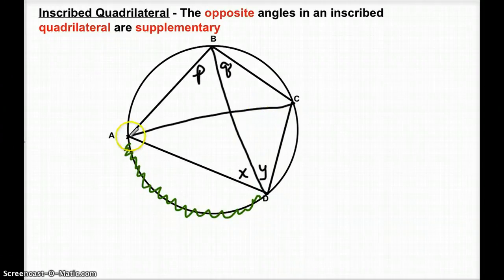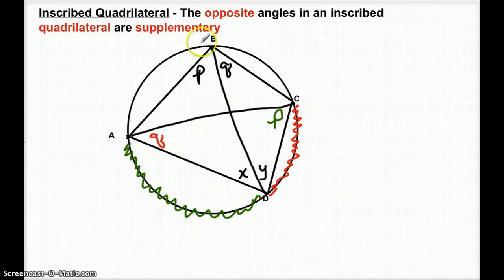So that means that angle ACD must have exactly the same measure as angle ABD, which we already know is P. I can use a similar type of reasoning to discover what other angles intercept this arc. So if I use angle DBC, which has a measure of Q, it intercepts that arc. Another angle that intercepts that same arc is angle CAD, so it must also have a measure of Q.